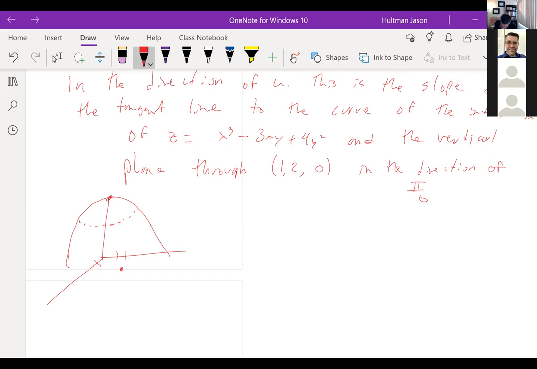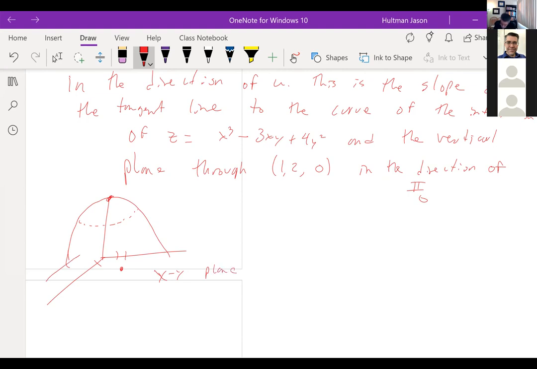Vertical plane through 1, 2, 0. So that's just the XY plane.